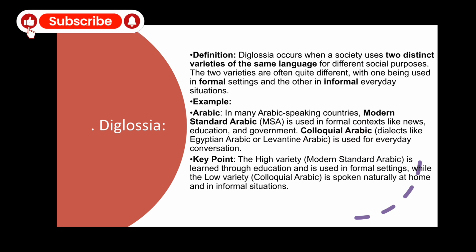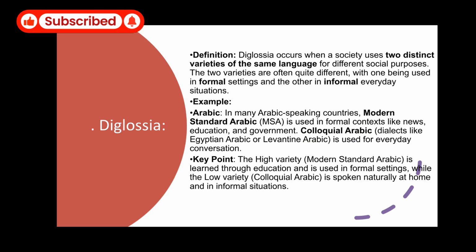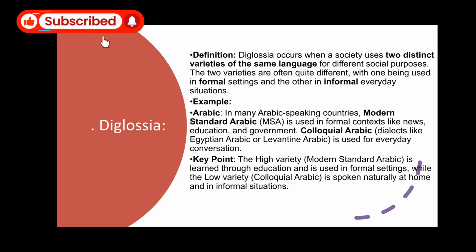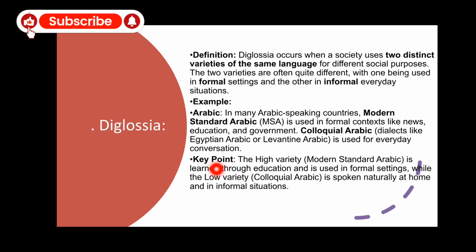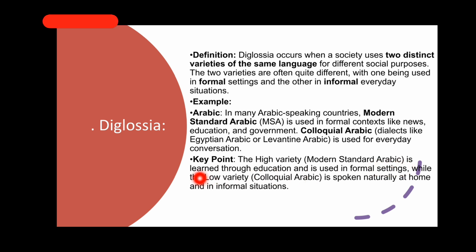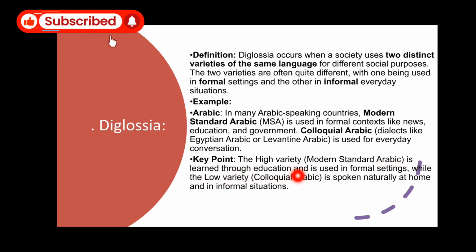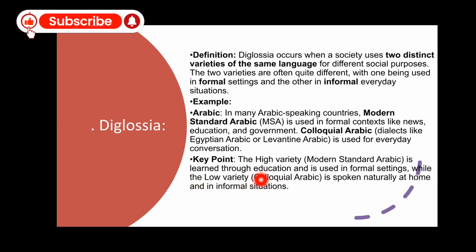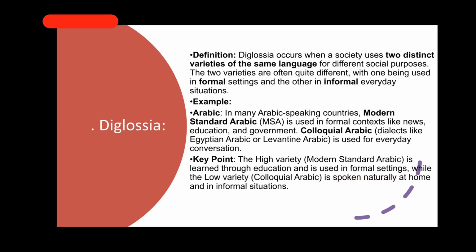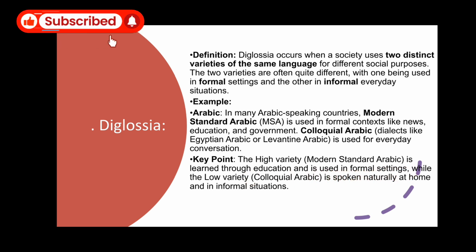And the high variety is used in news channels, media, and education: universities, schools, colleges, etc. So what is the key point here? The high variety, Modern Standard Arabic, is learned through education and is used in formal settings, while the low variety, colloquial Arabic, is spoken naturally at home and in informal situations.